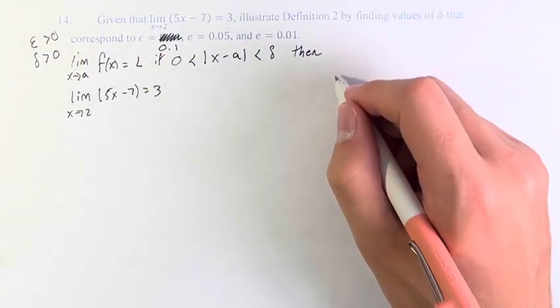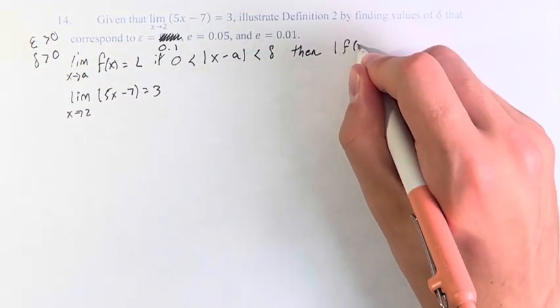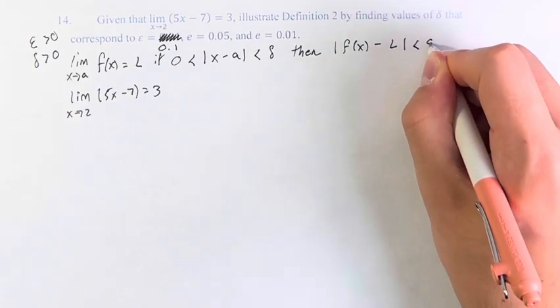If this is true, then the absolute value of f of x minus L is less than epsilon.